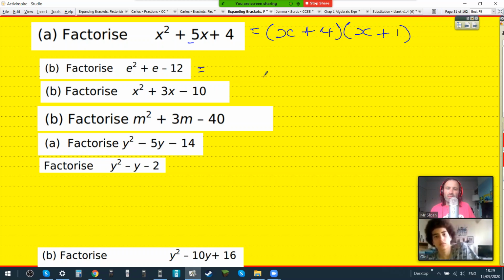Okay, how about this one? e minus 4, right, and e plus 3.